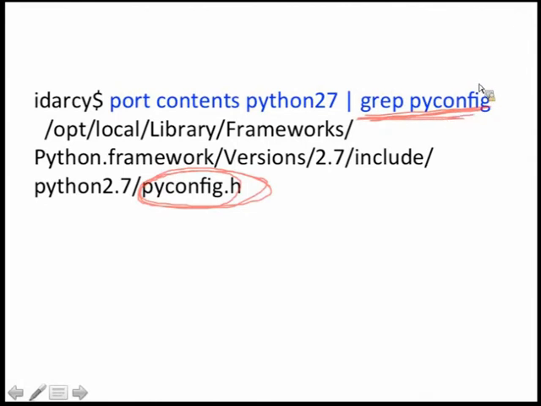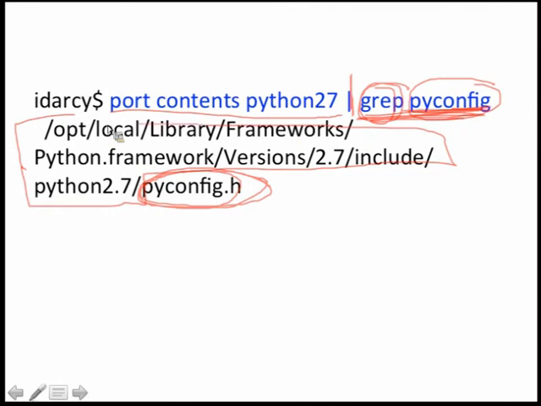So I looked for pyconfig in my contents of Python 2.7, and I piped it into grep. Grep is a great command. You might want to man it if you want to read more about what grep can do. But I grabbed it basically, and so now I know that this right here, up to the backslash, will include all the header files, not just pyconfig.h, but all the header files that I might need.